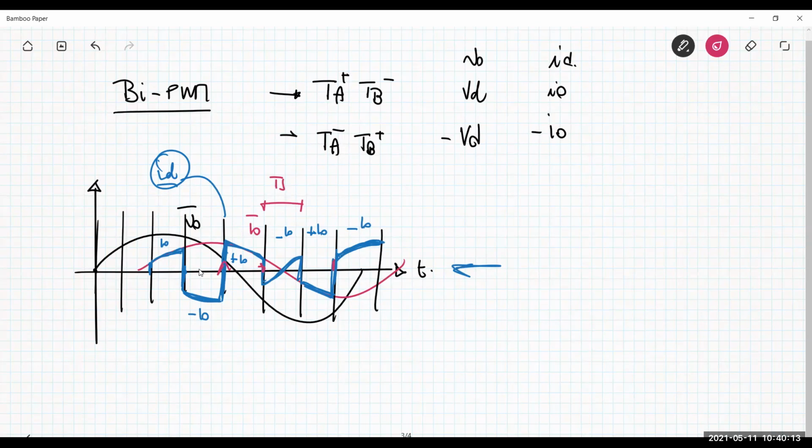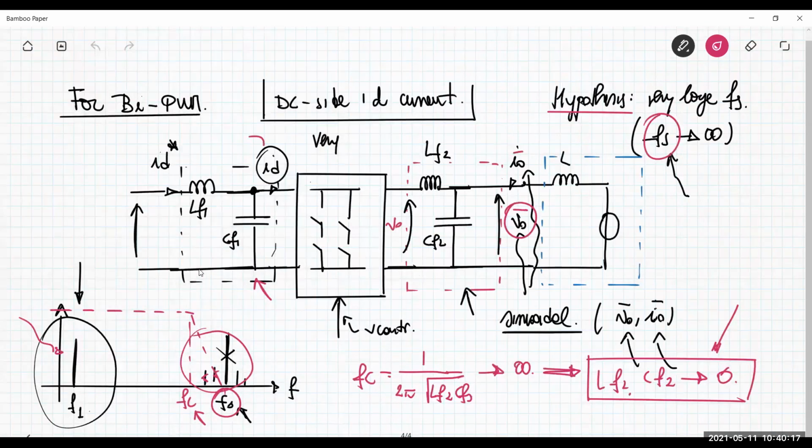So this blue curve at the DC side here has harmonics at the switching frequency. The switching frequency is large, so I can use a low pass filter just to extract the component you can have in the baseband, at frequency lower than the switching frequency, by using again LF1 and CF1, which are both very small, following the same reason that you have at the output.